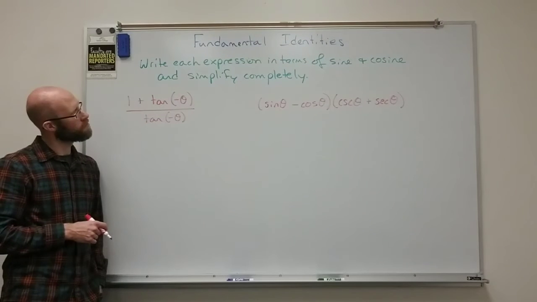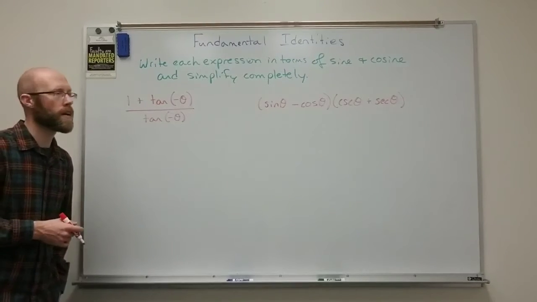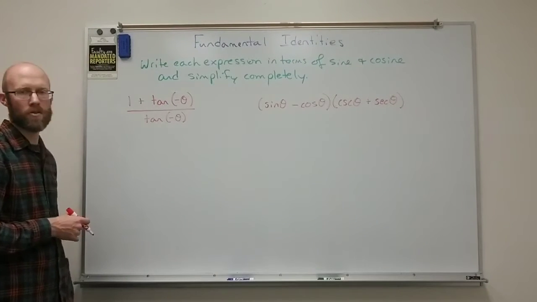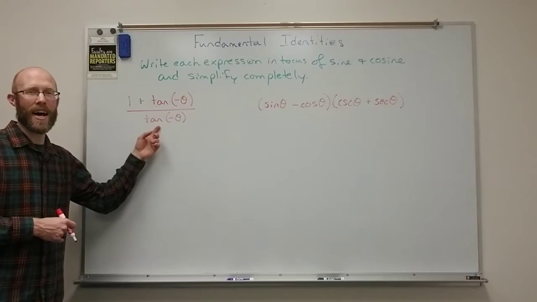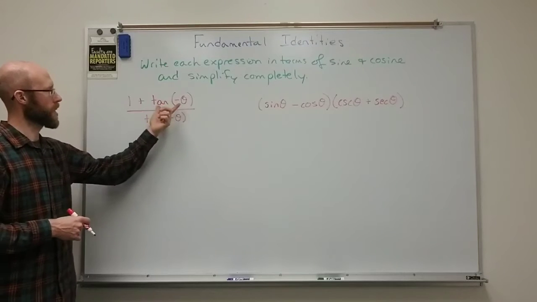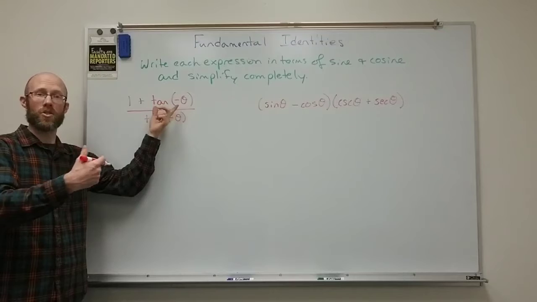Actually, you know what? Let's get rid of the negatives. Why not? You can do this either way. Sometimes getting rid of those negatives on the inside is nicer. Now the tangent, remember, is an odd function. And so the tangent of negative theta is the same as the negative tangent of theta.